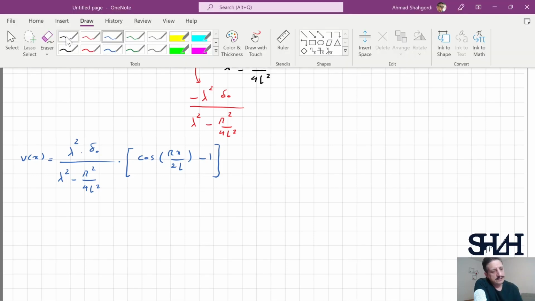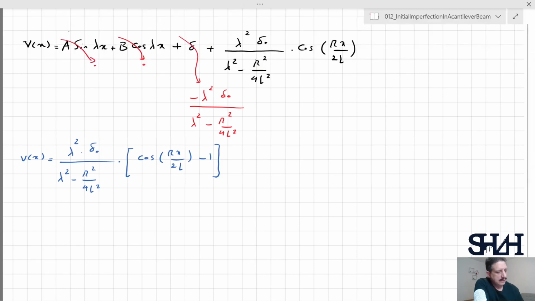If we are interested in the maximum stress in this element, initially we do not have P in the straight line. We start to apply the load when it is already deformed with the distance of delta 0.